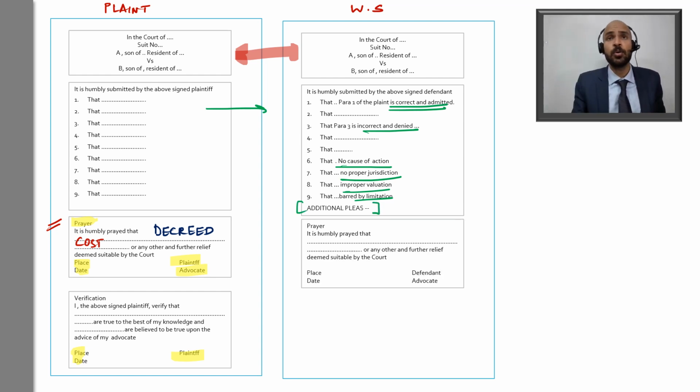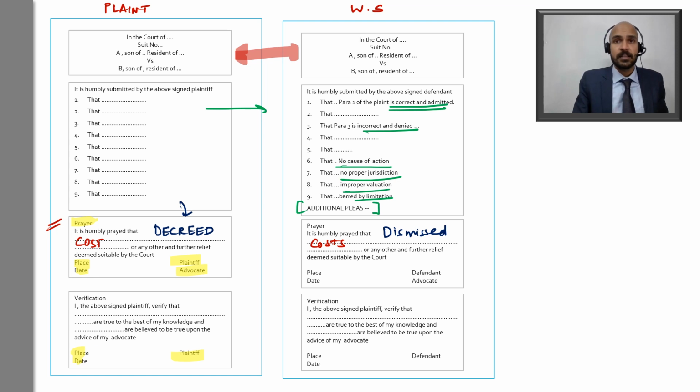The prayer of the defendant through the written statement, obviously, is the contrary of what the plaint says. So he generally prays that the suit be dismissed and also asks for costs. Again, here you can see that this should have been the defendant. Sorry, I apologize for the typo.